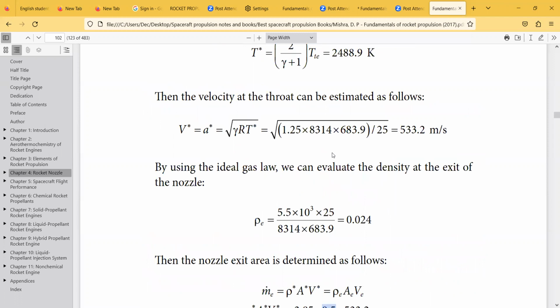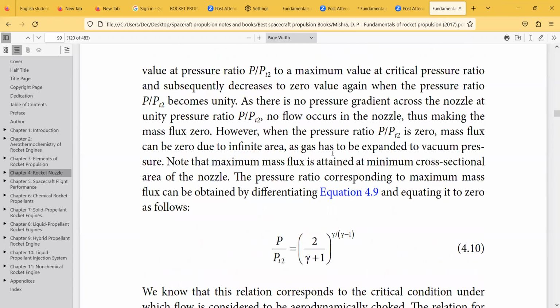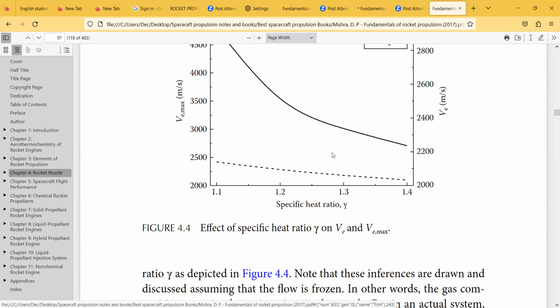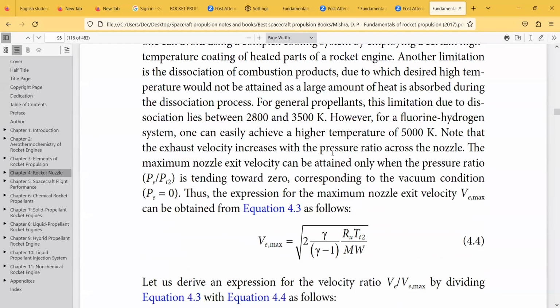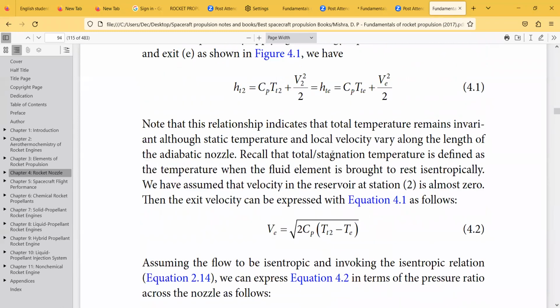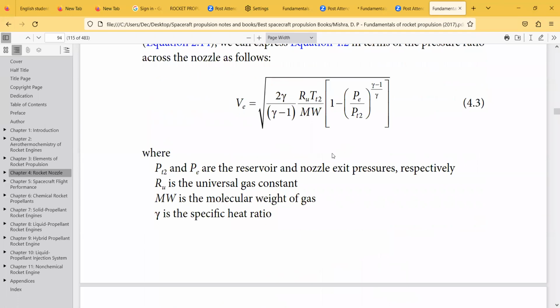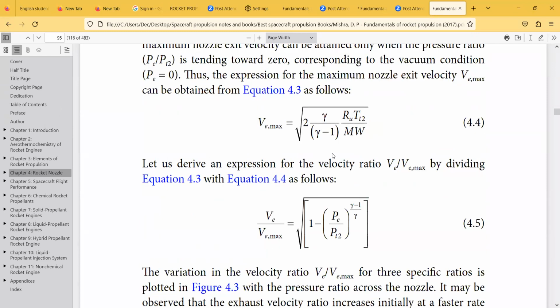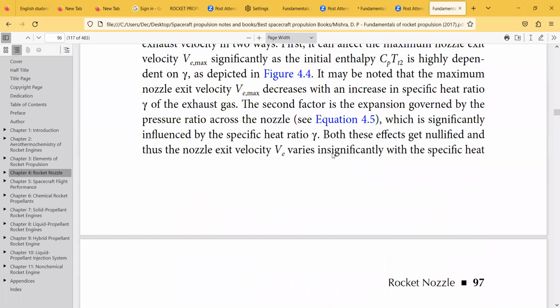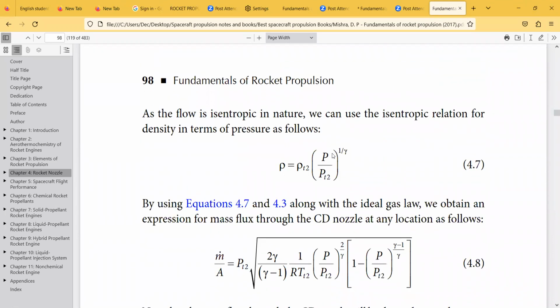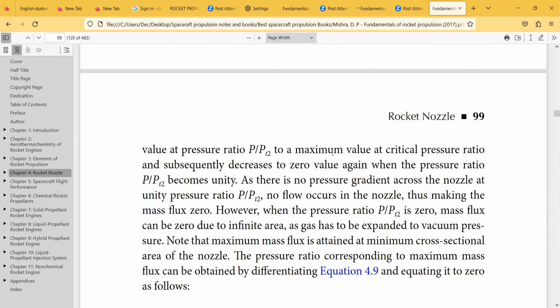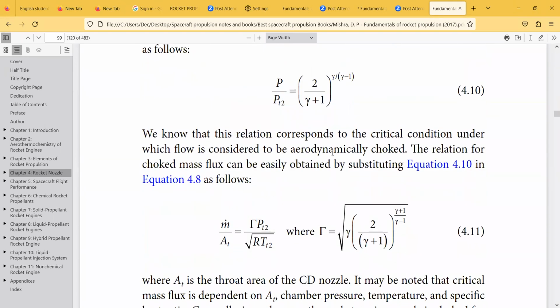We discussed this symbol already. It is gamma times 2 over gamma plus 1, to the power of gamma plus 1 over gamma minus 1.